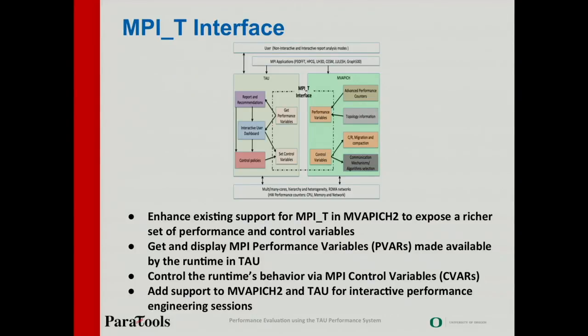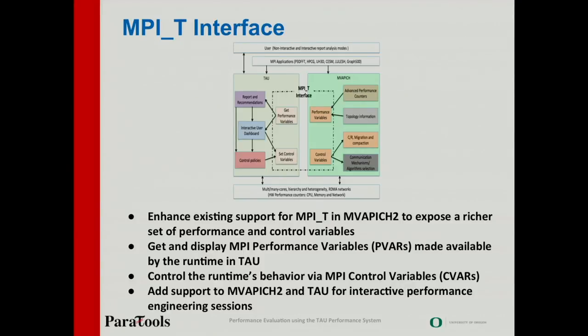So you can launch an uninstrumented code with TAU, and then see the full list of performance variables that are there and what they stand for, and the control variables, and specify new values for those control variables. So you can tweak these knobs before running the program, and we'll add support for interactive performance engineering sessions in future versions.